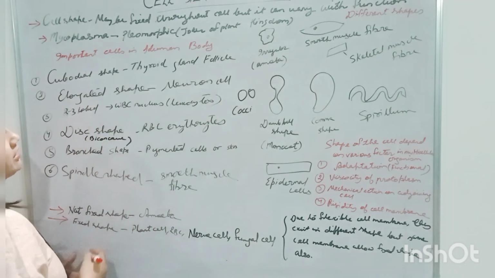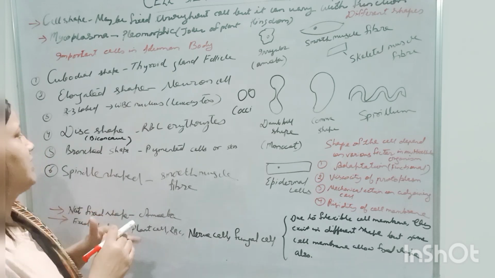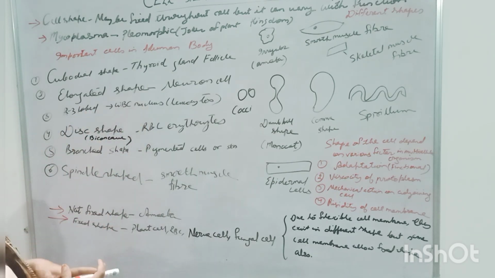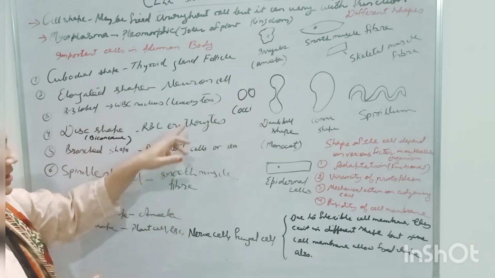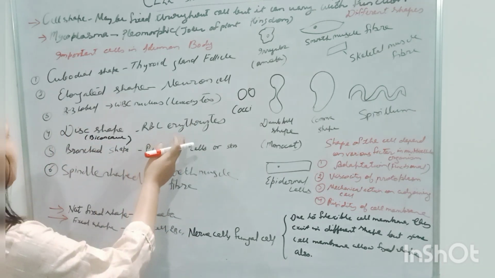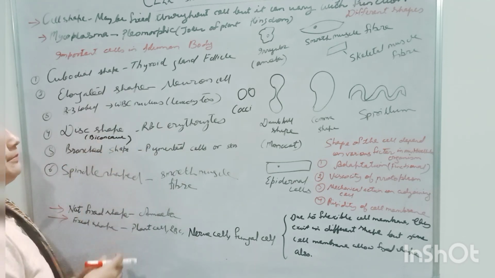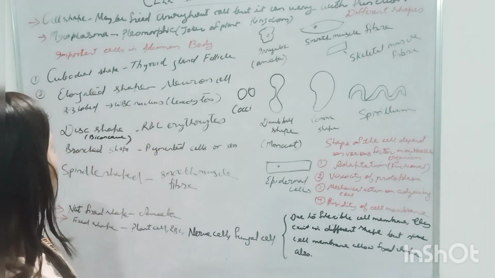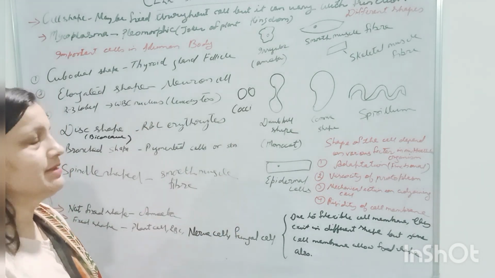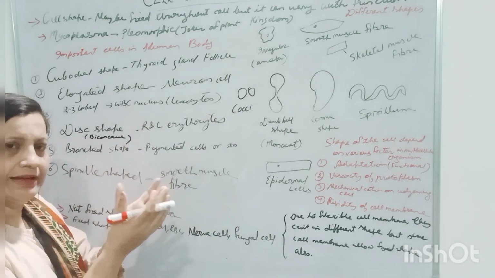Then 2-3 lobes in the WBC nucleus, that is the white blood cell, it has a lobe-like structure. It is also called leukocyte. We saw the RBC, red blood cell or erythrocyte, is a biconcave disc shape. And why is it important? Because for the flow of blood it is very important that the cell should be in disc shape.